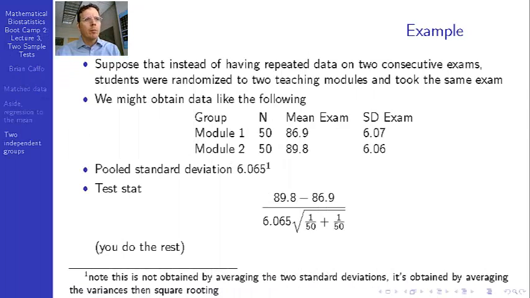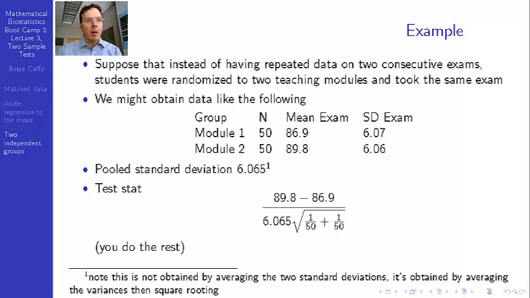Okay, let's go through an example. Suppose instead of having repeated data on 2 exams, we randomized to 2 teaching modules and each group took the same exam. So I'm going to treat the data from before as if it was independent group data, just to illustrate performing the calculations. It wasn't actually what happened, but whatever.